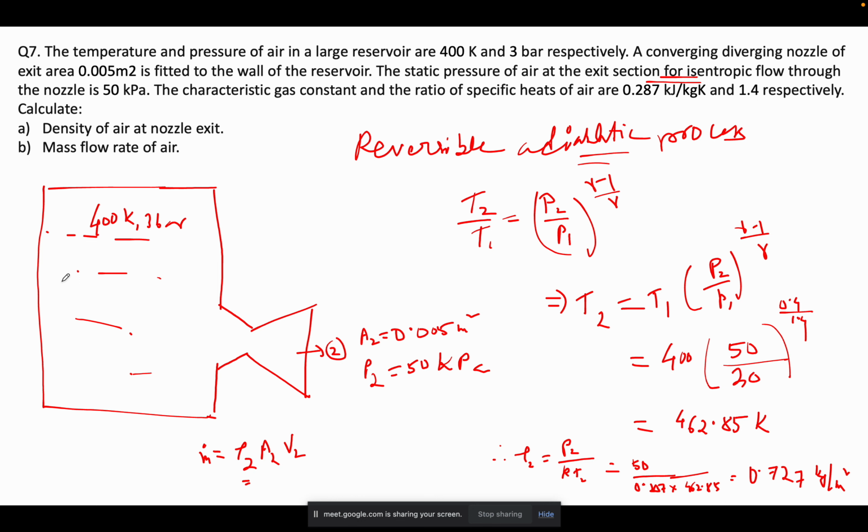Your T1 is 400 Kelvin and your T2 is 462.85 Kelvin.